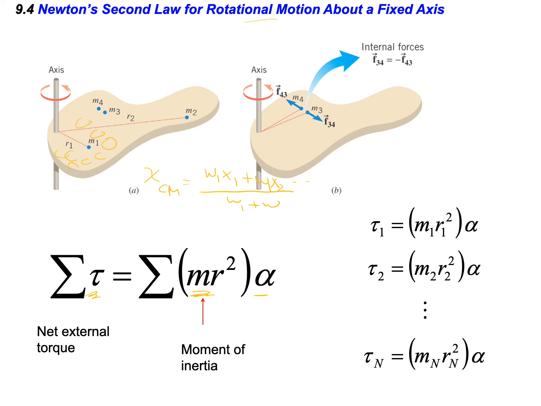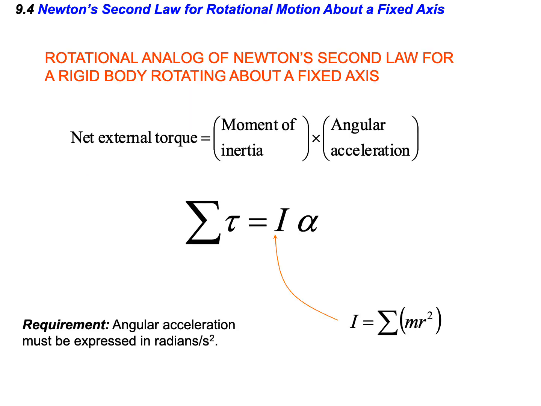Similarly, we can write the net torque contributed from each section, tau 1, tau 2, up to tau n. We can split this object into n sections and use this equation. Net torque equals the net moment of inertia from all these small sections times angular acceleration. Okay, so net torque equals I alpha. I is the moment of inertia, which is the sum of m r square.